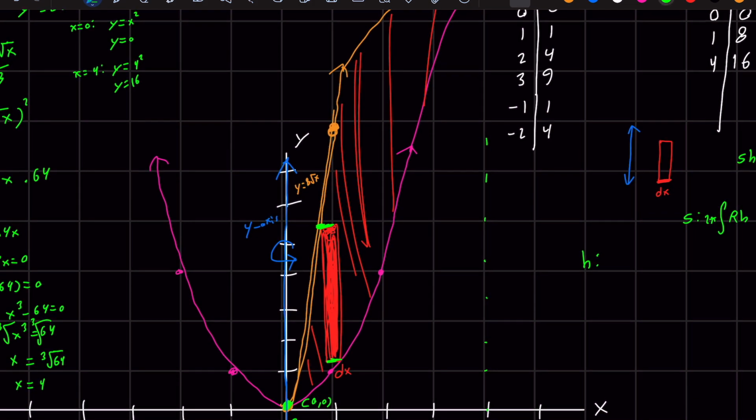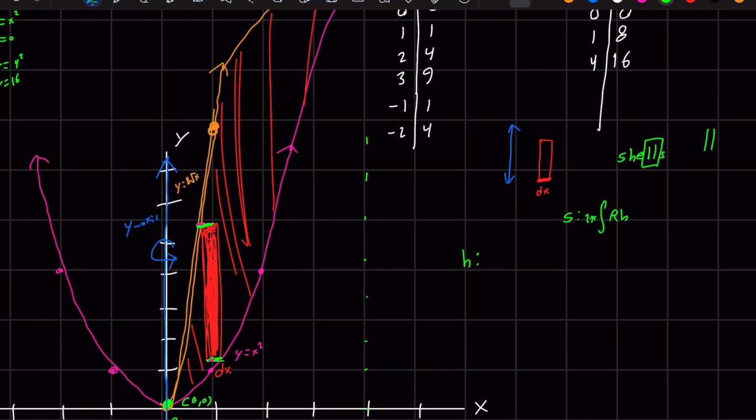At the bottom, it's touching the pink function. This pink function is y equals x squared. So remember, you're always going to do top minus bottom or right minus left. If you're doing dx, you can do top minus bottom. So we have y equals 8 radical x, so 8 radical x minus x squared. That's going to be your height.